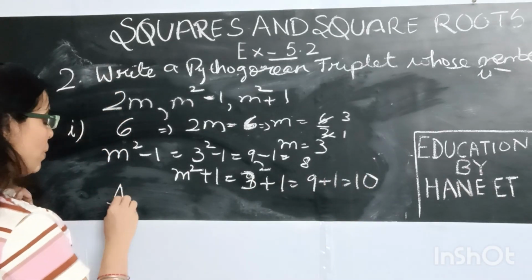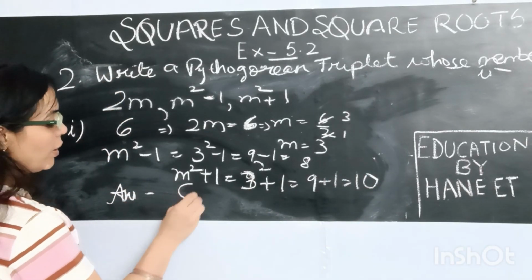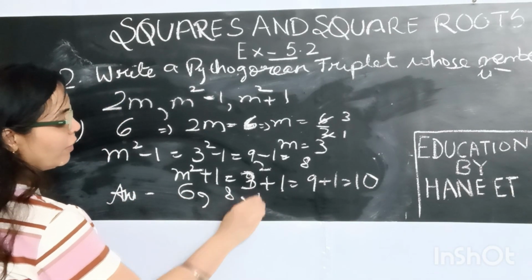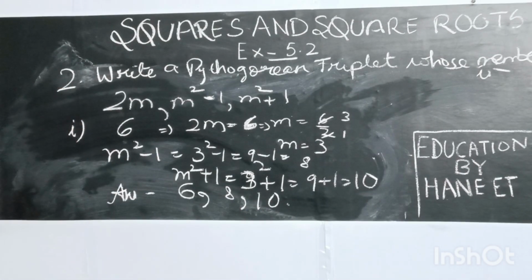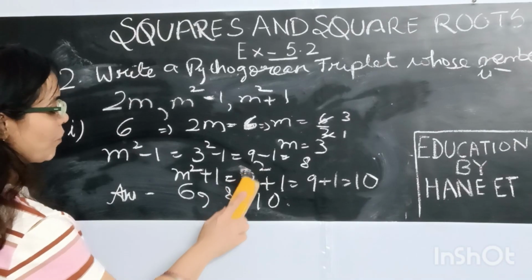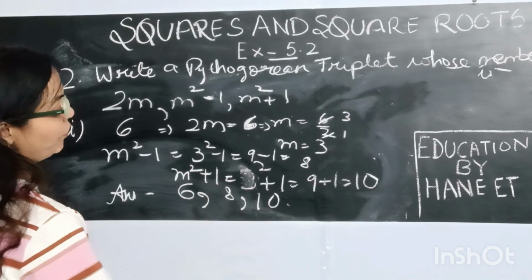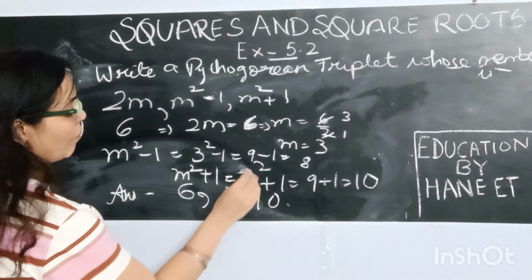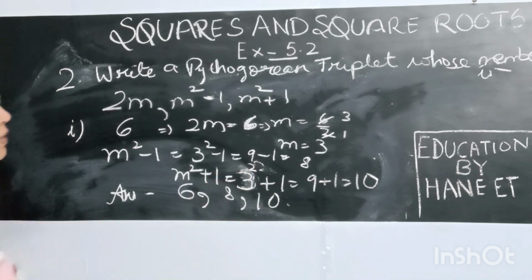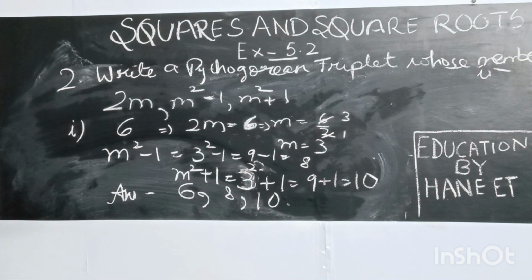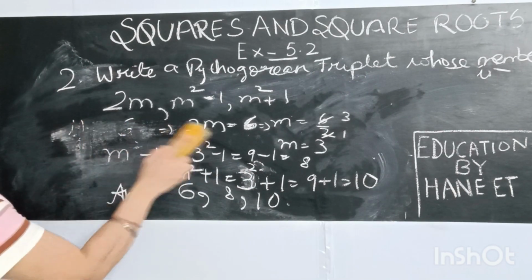So the triplet we have is 6, 8 and 10, the first one. Okay. Now the second part.